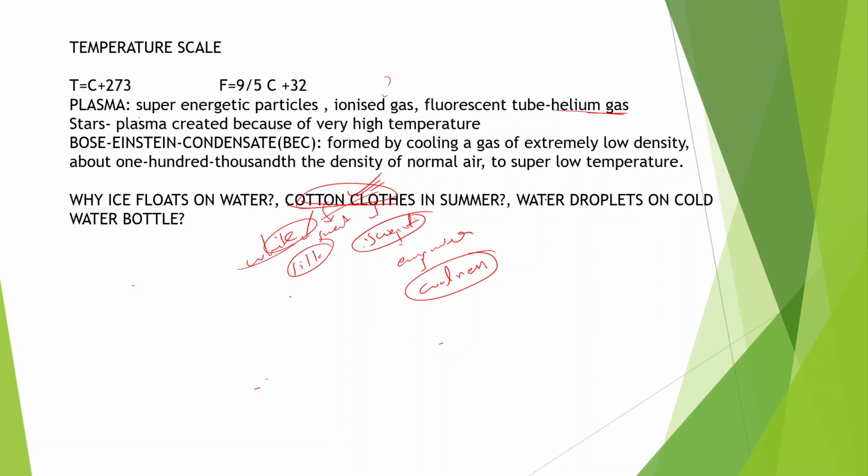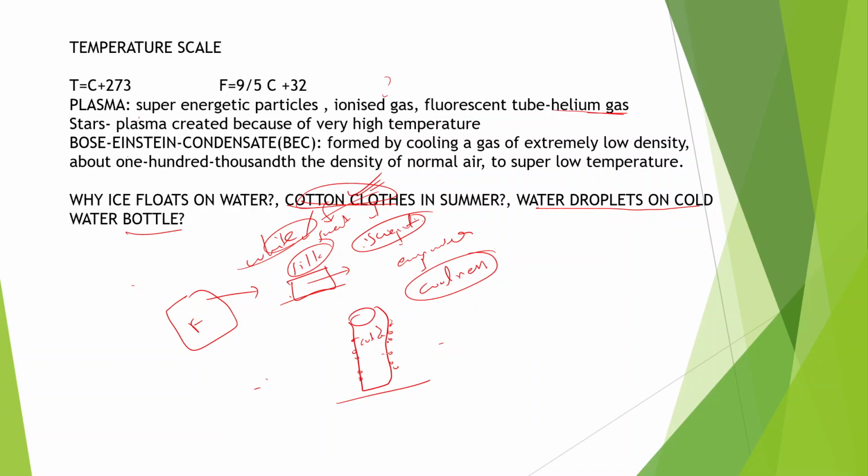Okay, and why are water droplets present on a cold water bottle? Suppose this is a fridge, and if you take a water bottle from the fridge and put it on a table for some time, the water is very cold, and we will observe some water particles on the surface of this water bottle.